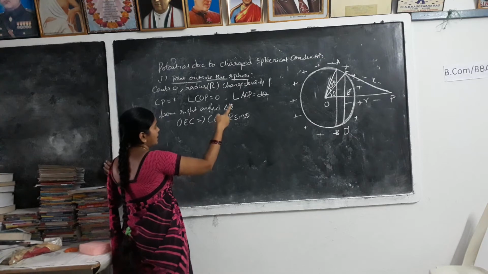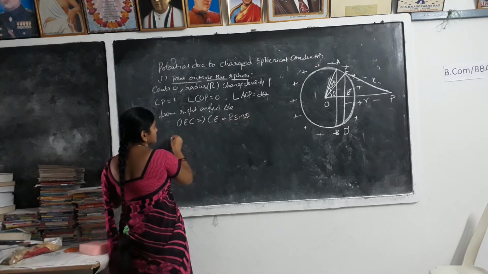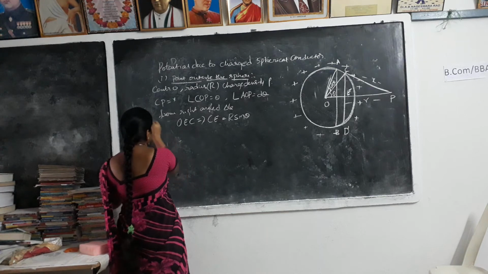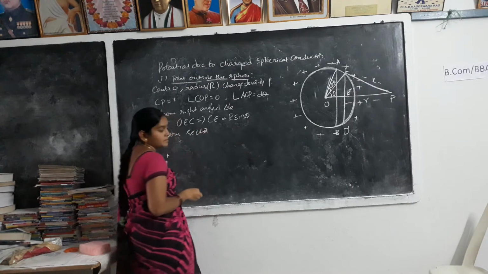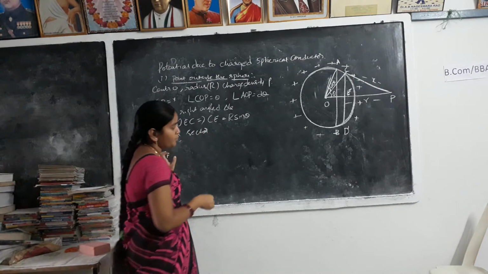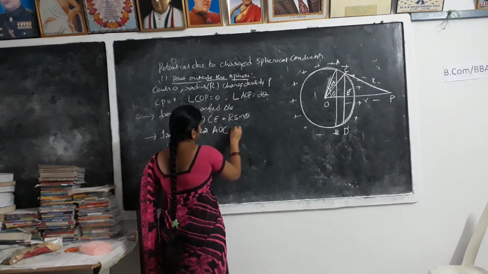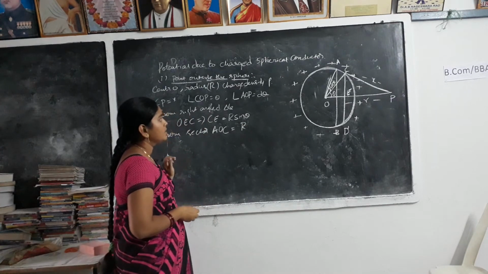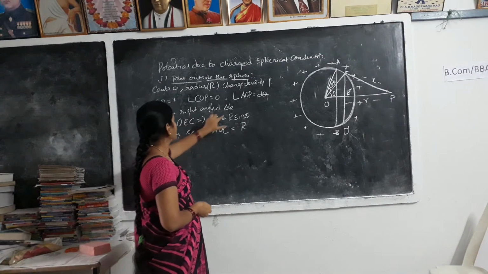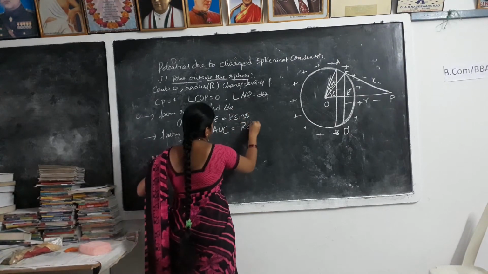Then we have another sector, that is AOP. From sector AOC, R. So here angle AOP equals d theta, then d theta.